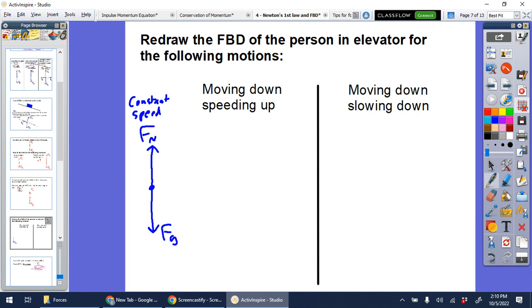So now what would change about that FBD for these other guys? So for this moving down, speeding up scenario, what is going to be different about that?